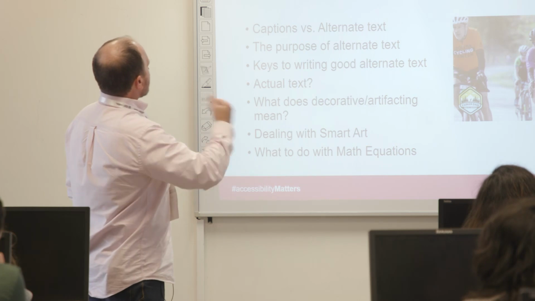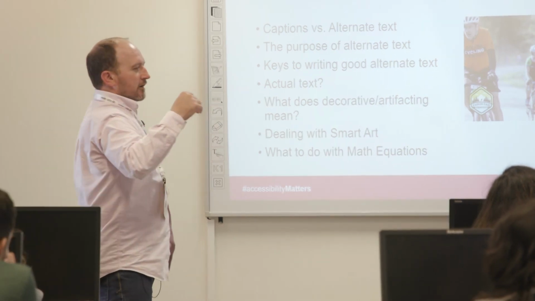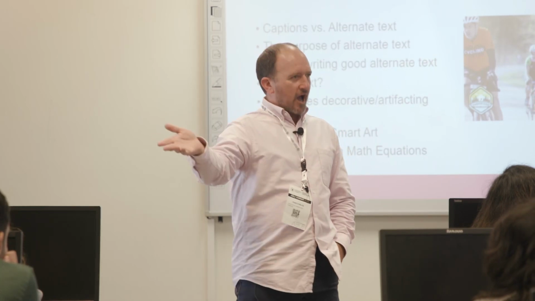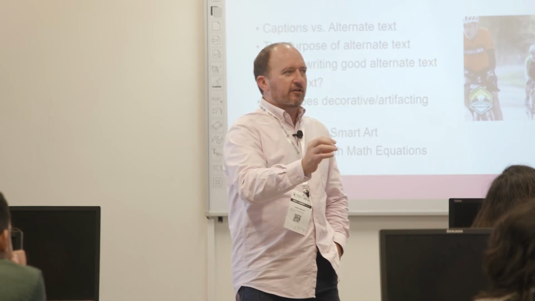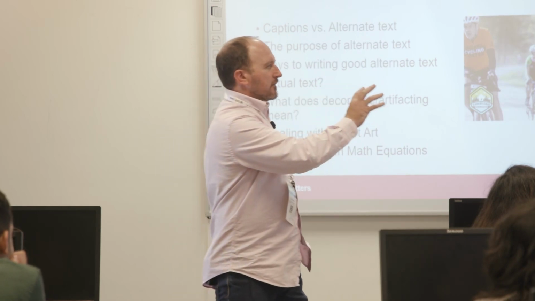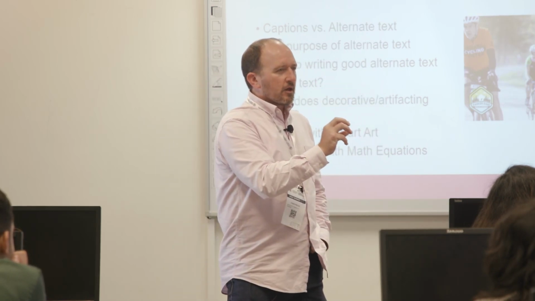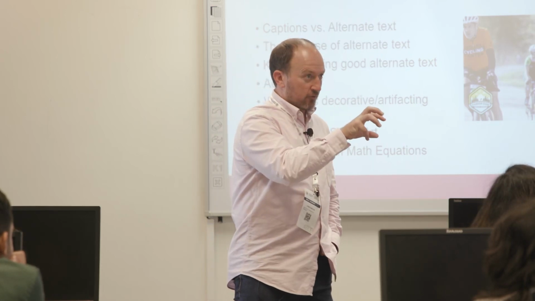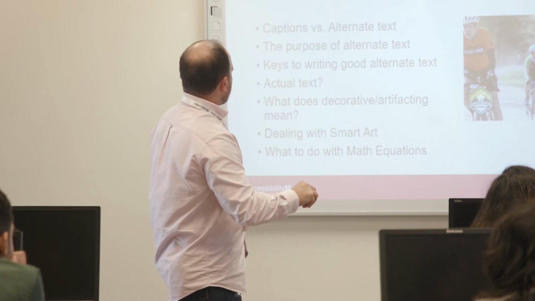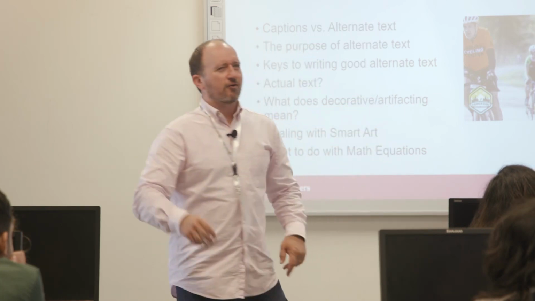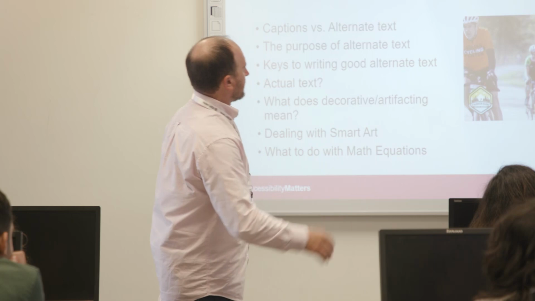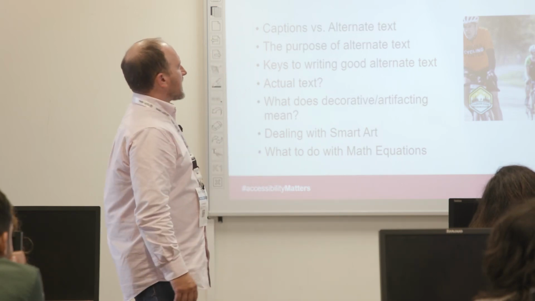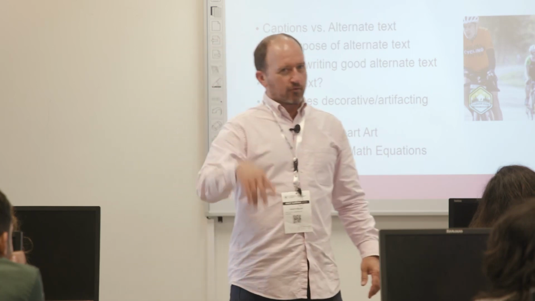Images, charts, and graphs. A lot of people think that captions and alternate text are the same thing. They're not. Captions typically describe what's happening in the photo. Alt text describes what's in the photo, right? So I probably should have put a sample on this, but a caption might have been like, 4 cyclists in the Parker Dam gravel race, right?